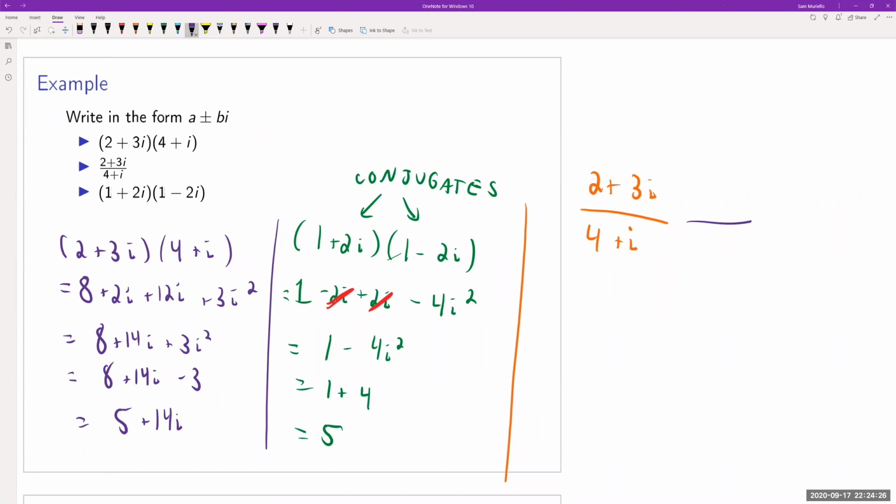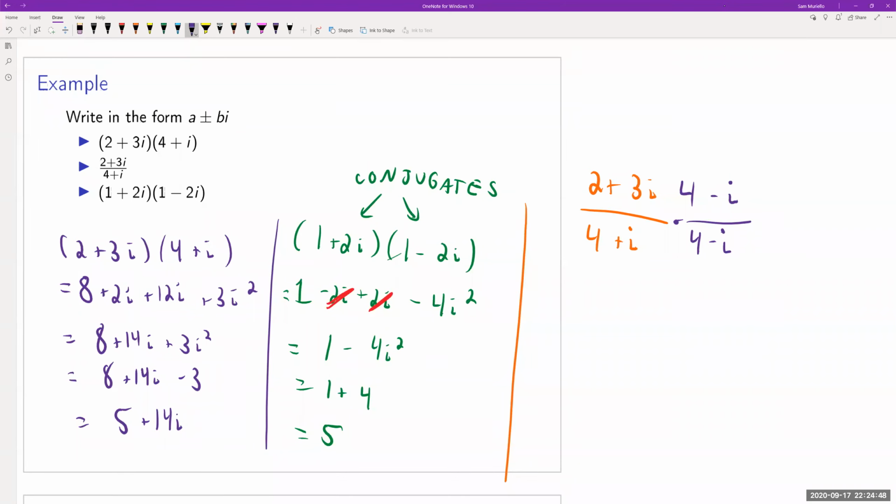So I will multiply by 4 minus i in the denominator. And of course, if I'm going to do something on the bottom, I also have to do it on the top. Again, 4 minus i is chosen because it is the conjugate of the original denominator. So let's FOIL in the denominator.